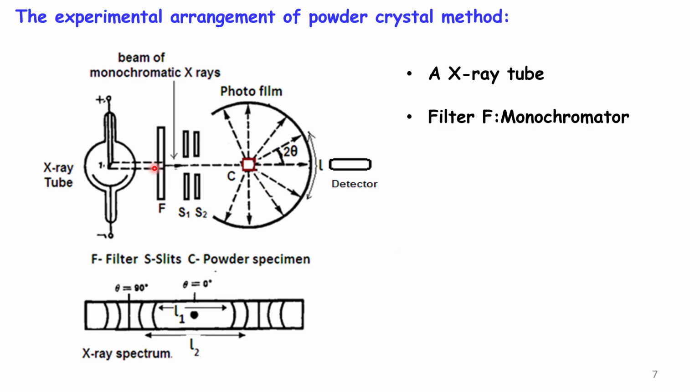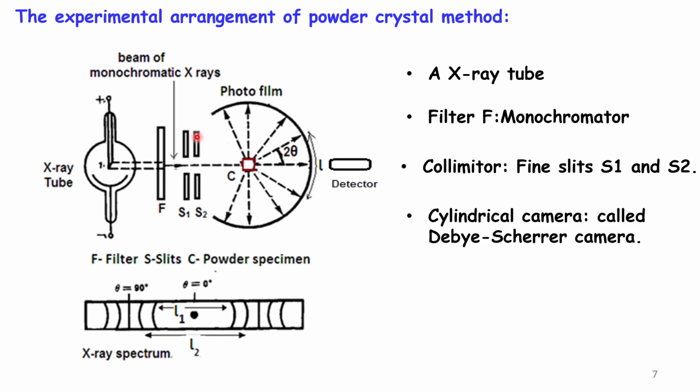Here the filter is also known as the monochromator. The collimator consists of the fine slits S1 and S2. This is the cylindrical camera, also called the Debye camera.